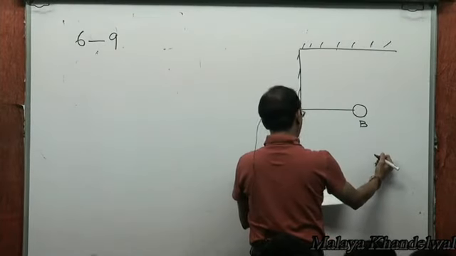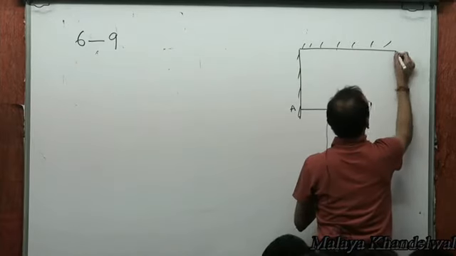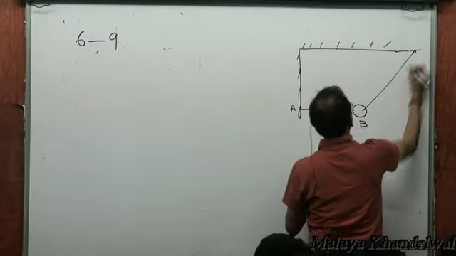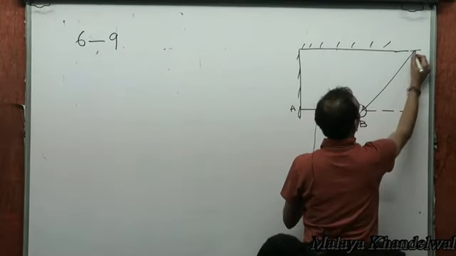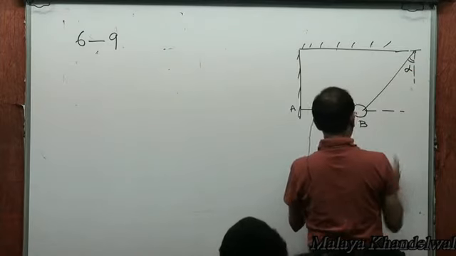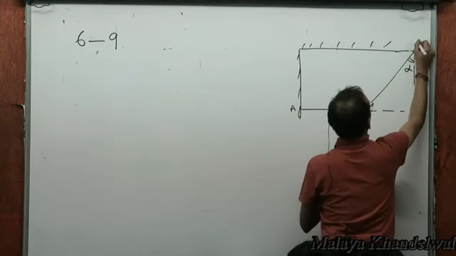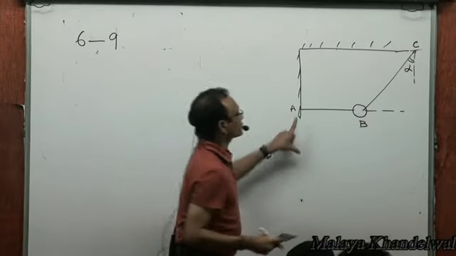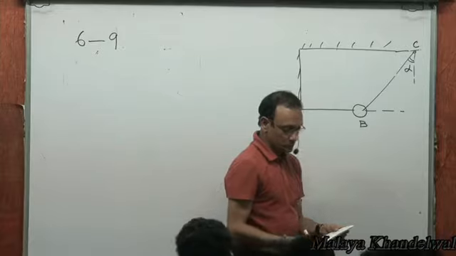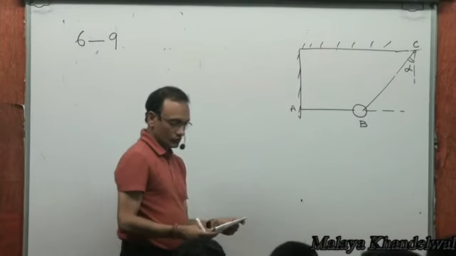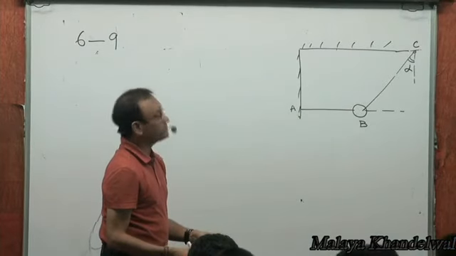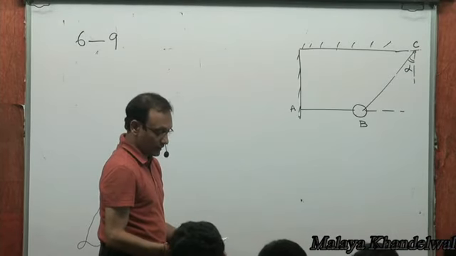There is a block B of mass M, connected to the wall and the ceiling as shown with these two threads, AB and BC. AB is horizontal, whereas BC makes an angle alpha with the vertical.